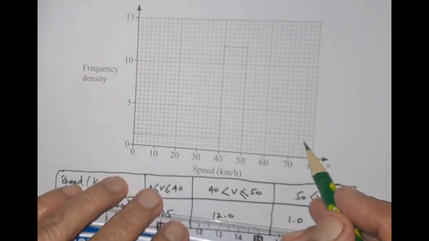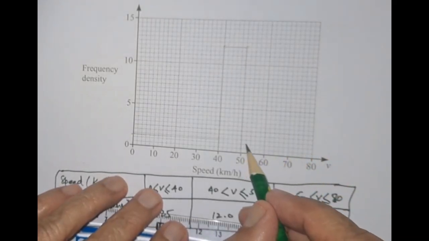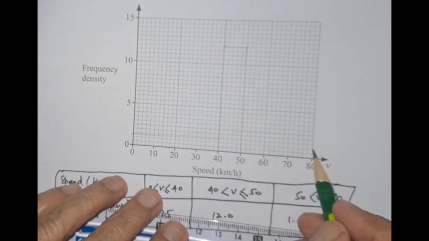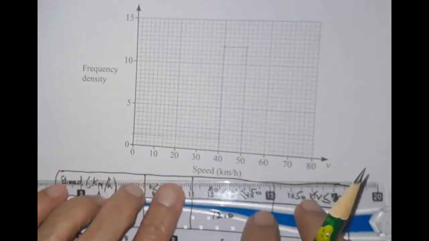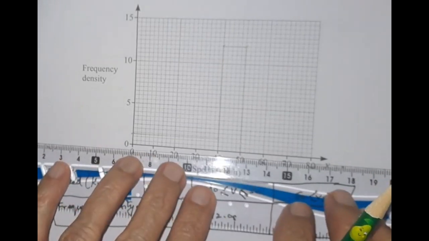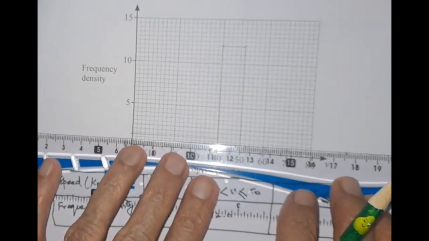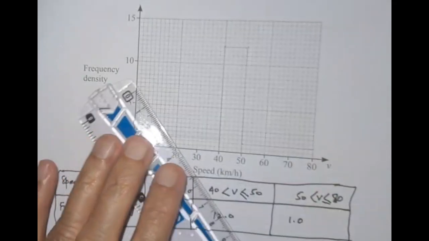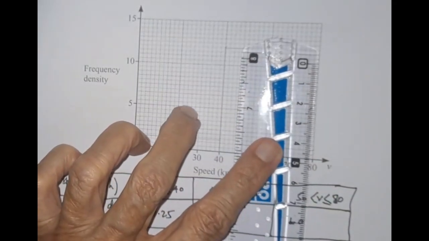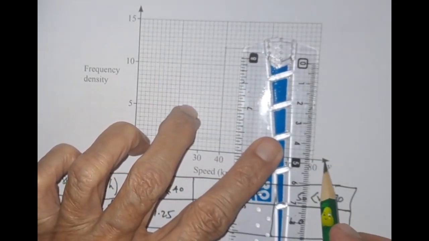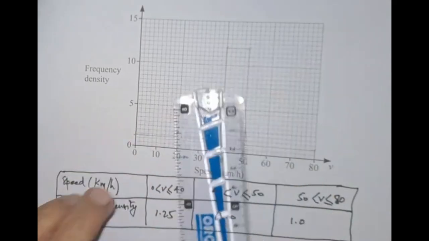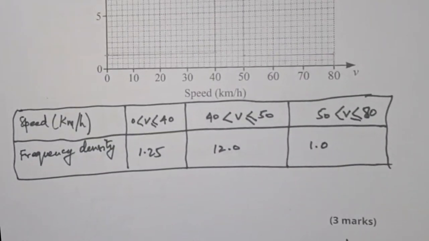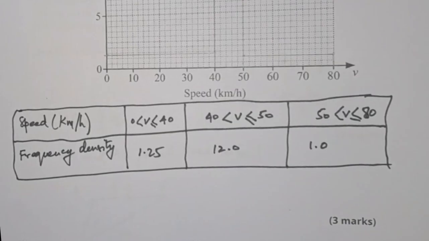So this is 1, this one, and this one. So I take this line from here to here and drop it here. And our histogram is done, so we get 3 marks for this effort of ours, 3 marks.